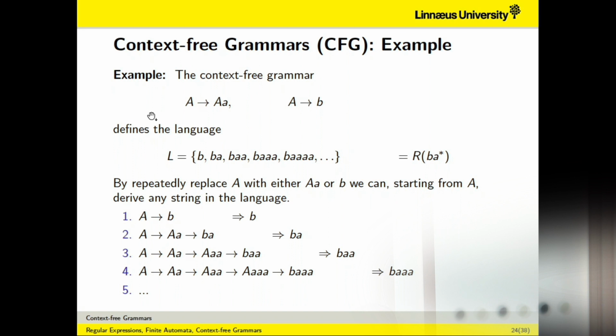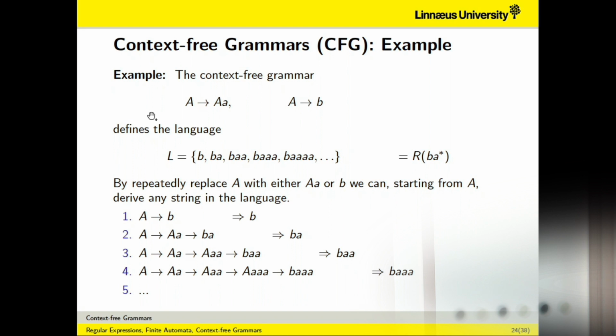But there are more advanced constructs that are needed, and to support the definition of those constructs, we have notations in the form of context-free grammars. It's quite similar to regular expressions, but not exactly the same.